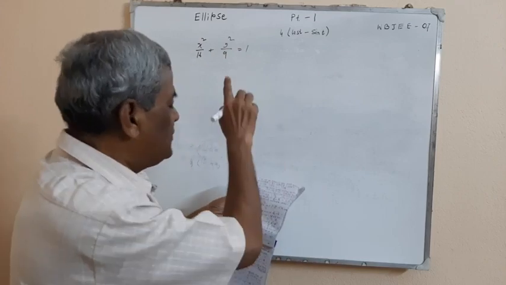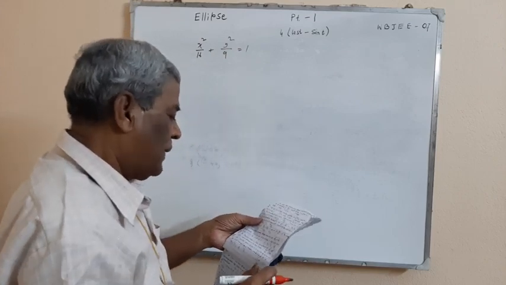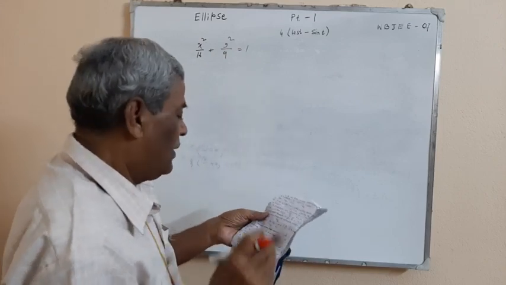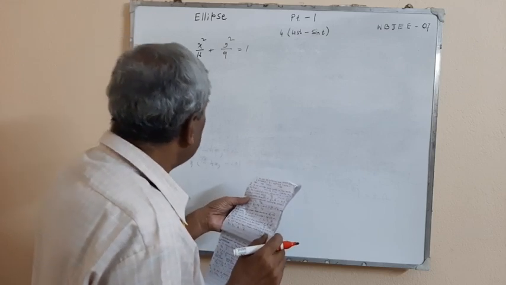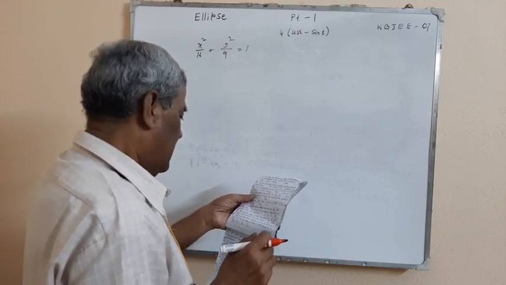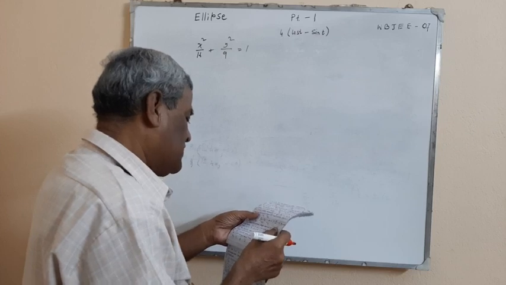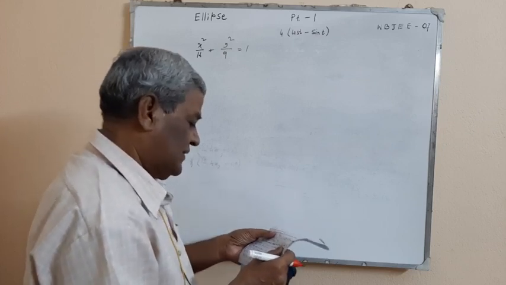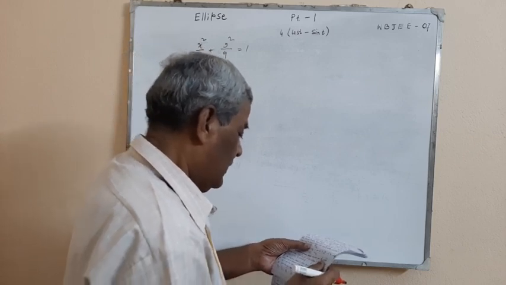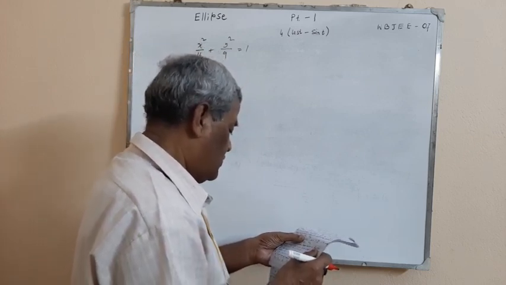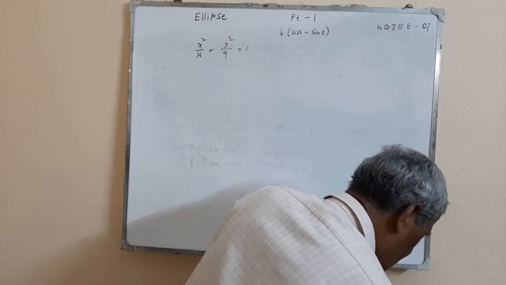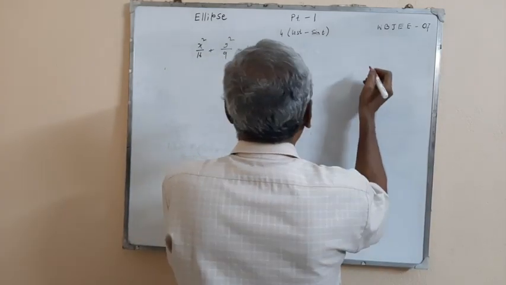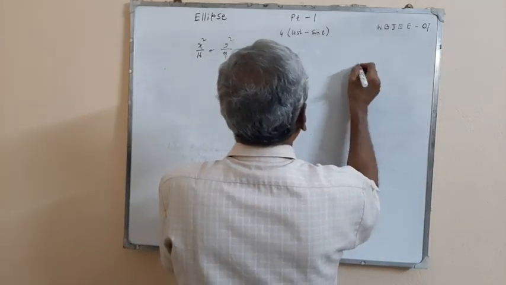This is an ellipse. A circle passing through its two foci. If its center is at the end of a minor axis, the radius of the circle is. Its equation is like that.